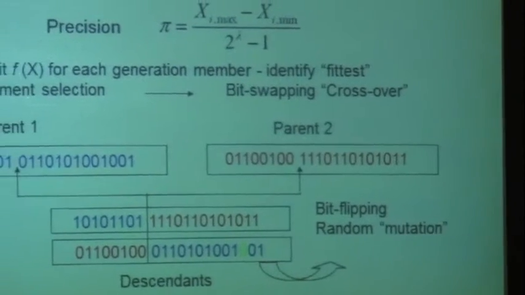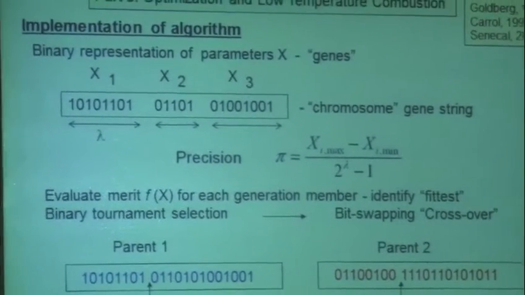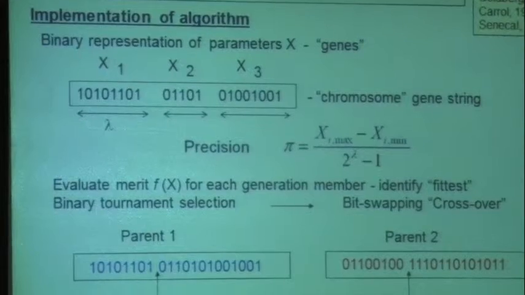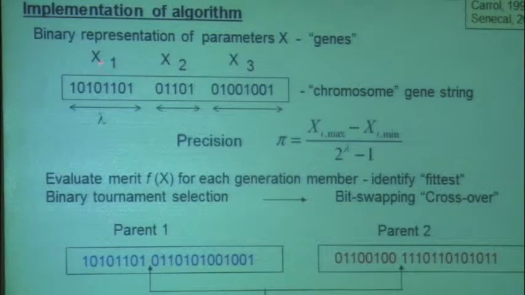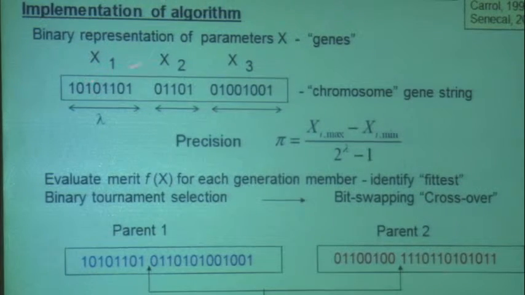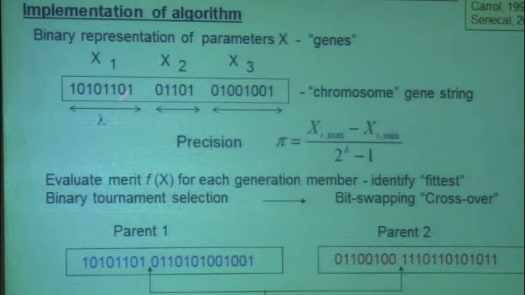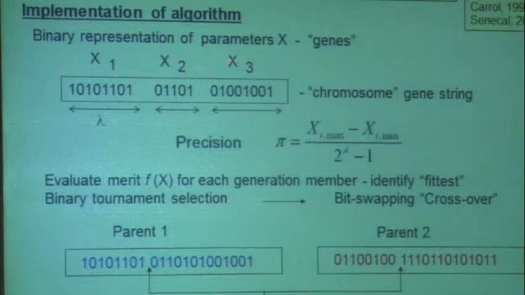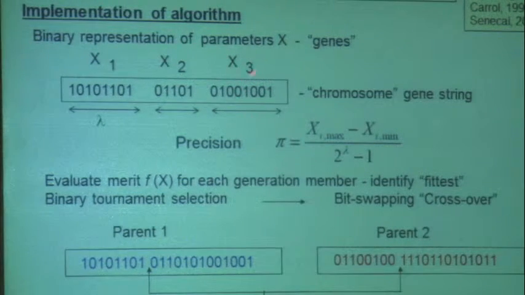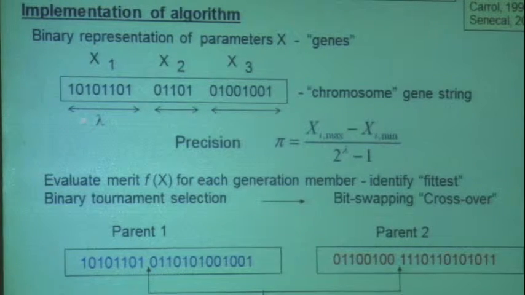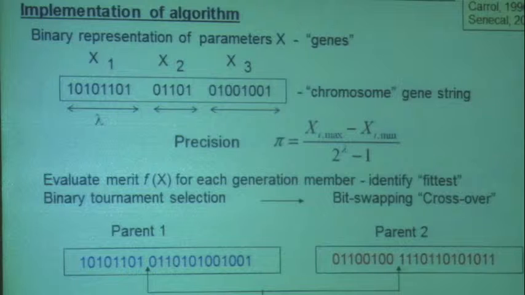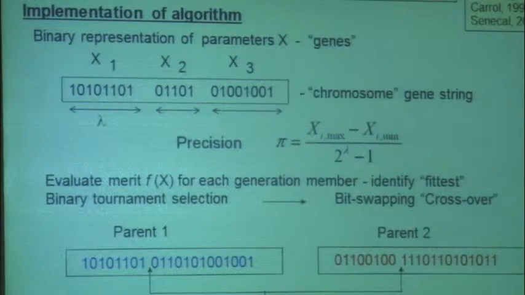So how does this work? It's very interesting. It uses concepts from genetics, all right? The idea here is that we have these variables we're trying to optimize, x1, x2, x3. That could be injection pressure, EGR rate, the diameter of the piston. I mean, this could be anything that you want. And you would represent them in a gene string, like a chromosome.